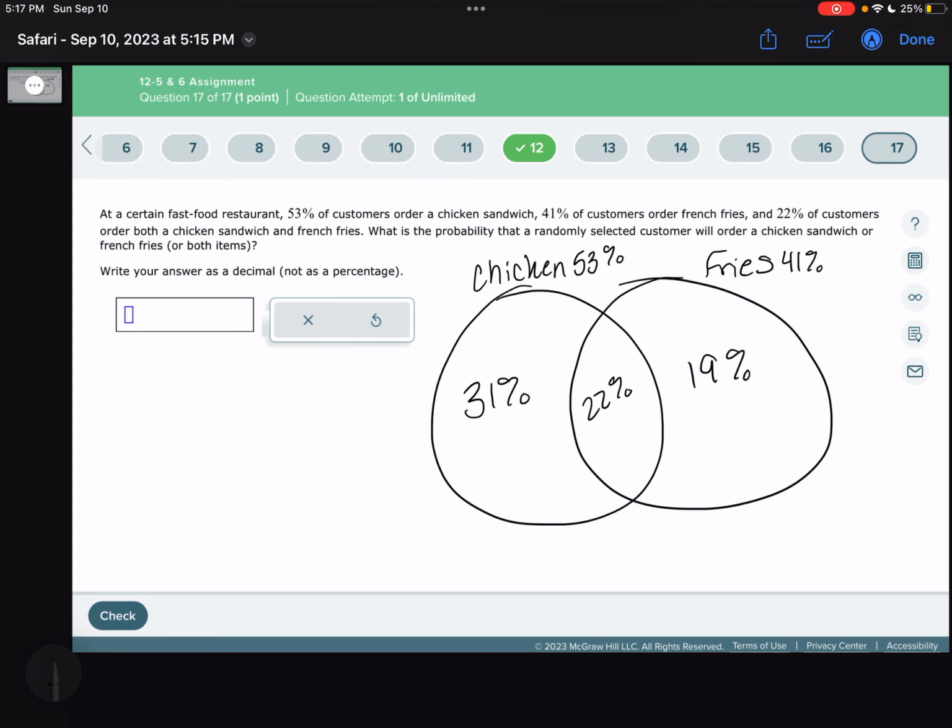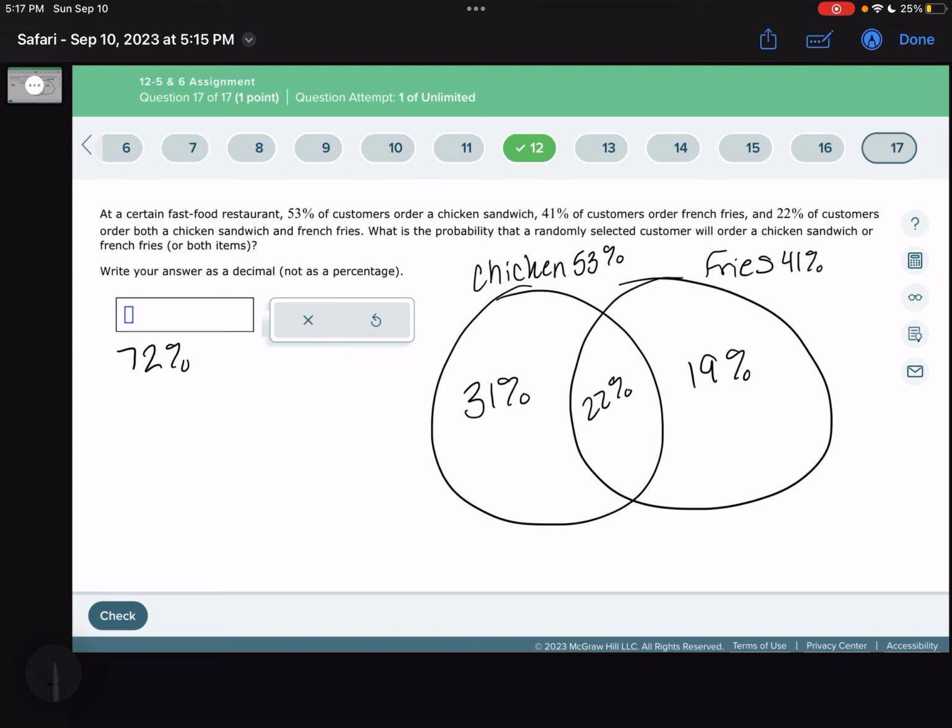Now I can add these together, so 31% plus 22% plus 19% gives me 72% of people who order one of the items or both of them.